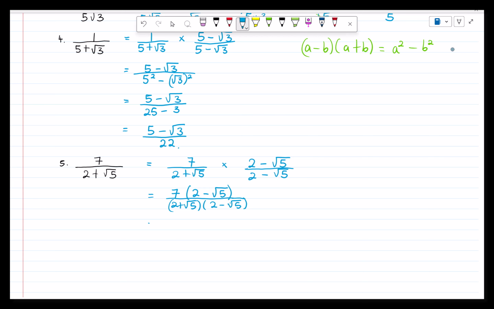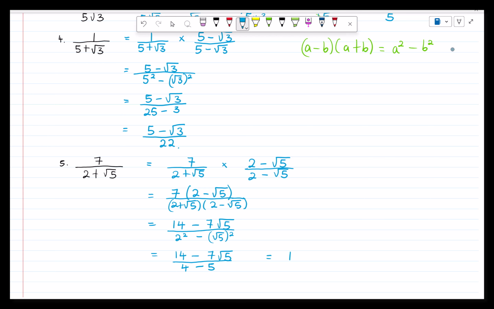So we then get 7 times 2, that is 14, minus 7 times root 5, that's 14 minus 7 root 5 all over 2 squared minus the square root of 5 squared, which is equal to 14 minus 7 root 5 over 2 squared, that is 4, minus square root of 5 squared, that is 5.